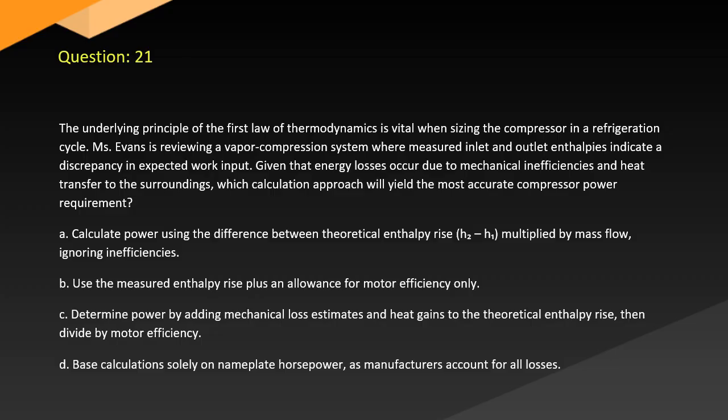A. Calculate power using the theoretical enthalpy rise (Δh) multiplied by mass flow, ignoring inefficiencies. B. Use the measured enthalpy rise plus an allowance for motor efficiency only. C. Determine power by adding mechanical loss estimates and heat gains to the theoretical enthalpy rise, then divide by motor efficiency. D. Base calculations solely on nameplate horsepower, as manufacturers account for all losses.